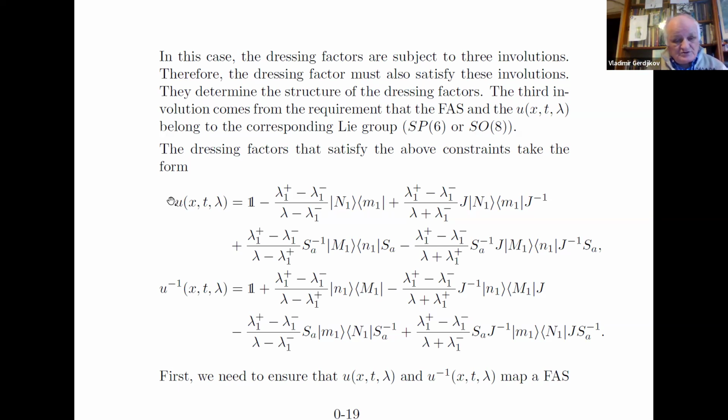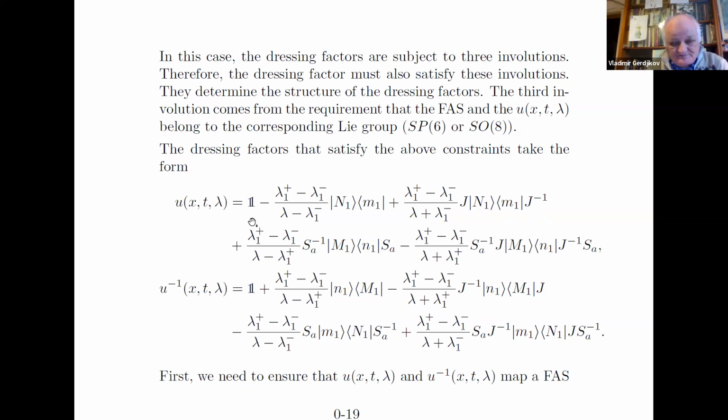Therefore, if we write down the dressing factor like that, then the inverse of this dressing factor must be obtained by acting with these capital S matrices that I introduced in the beginning, and transposition. The inverse of U is obtained by taking the transposition of U and acting with S0 or S1 minus 1 on both sides.